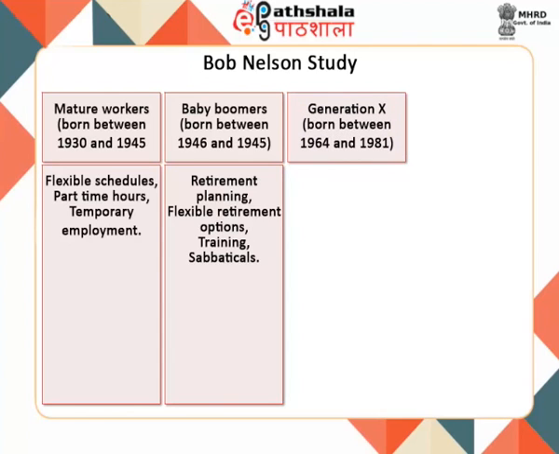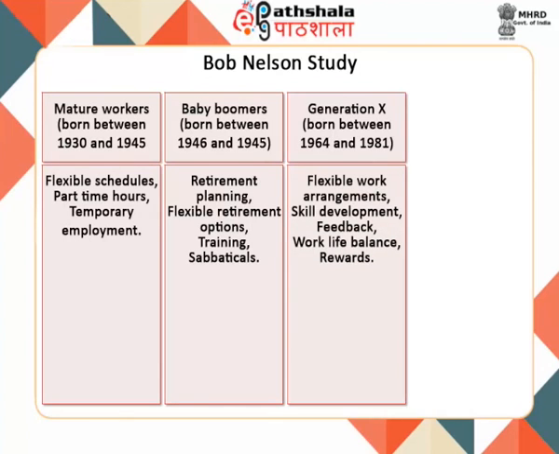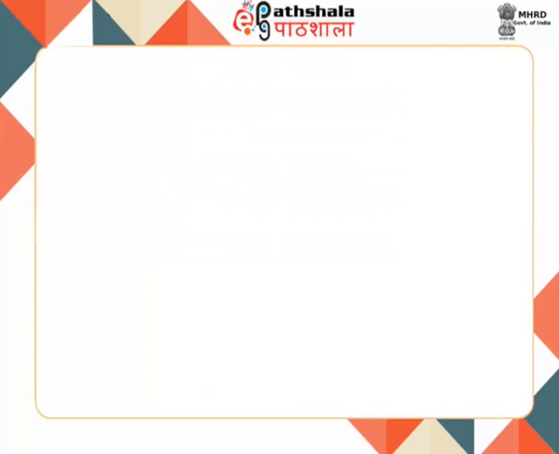Generation X, who were born between 1964 and 1981, are motivated the most by flexible work arrangements, skill development, feedback, work life balance, and rewards. Generation Y, who were born after 1982, expect flexible work arrangements, employer support and involvement, skill development, feedback, work life balance, and rewards from the employer.